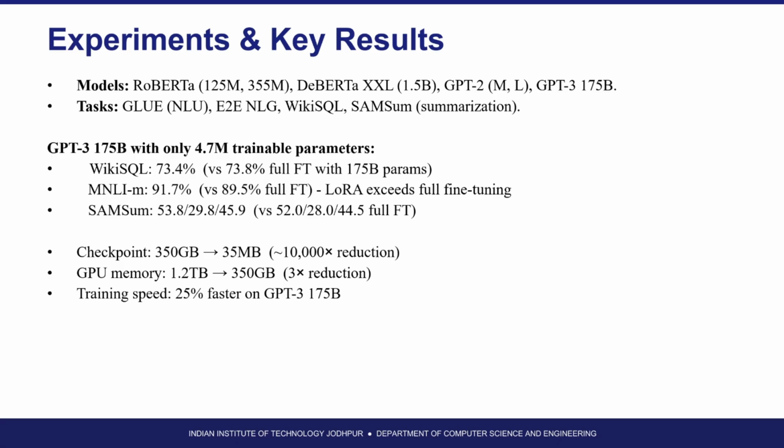And for the summarization task, it also did better than the original full fine-tuning methods. Here you can see the checkpoint going from 350 GB to 35 MB, and GPU memory from 1.2 TB to 350 GB. So a massive amount of reduction. Also, training speed is faster.